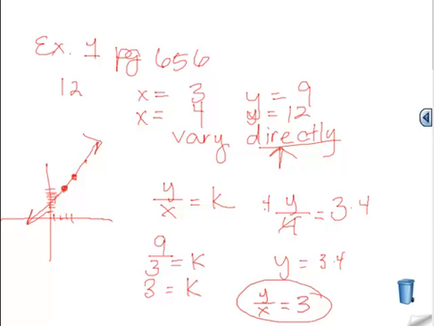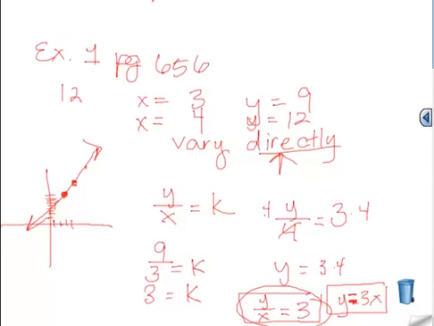It's linking your y and your x as some sort of constant. If you're more comfortable, you could also write it like this: y equals, multiplying x to both sides, 3 times x. Either one of these will work. Those both signify that y and x vary directly.